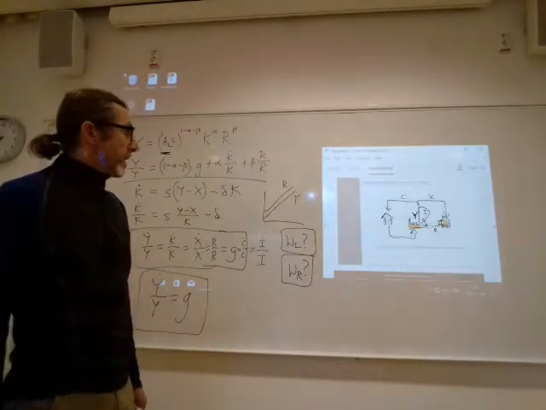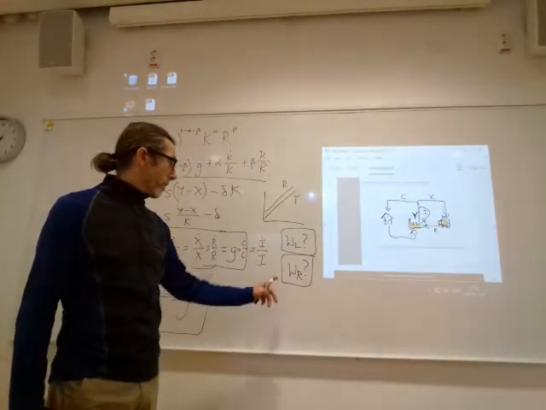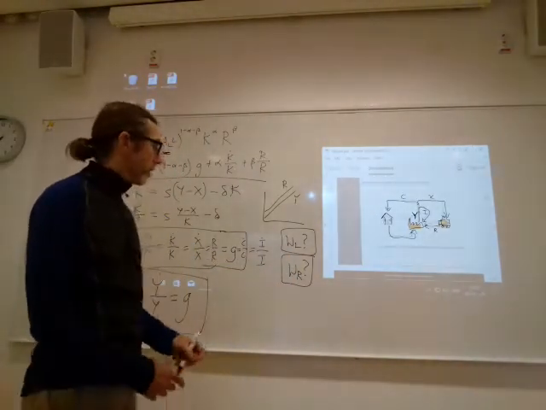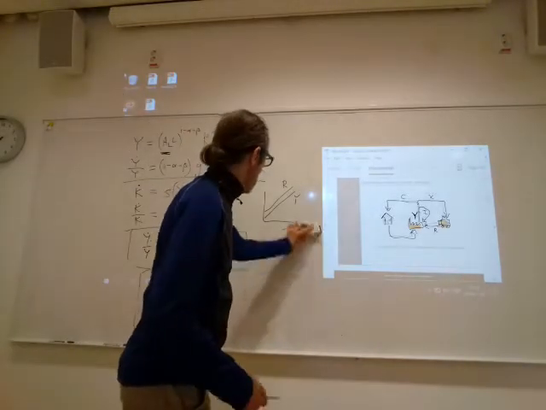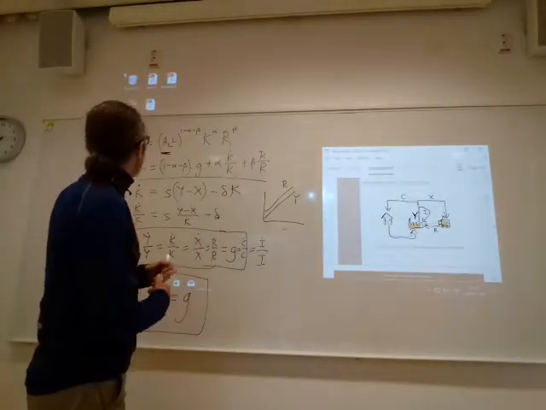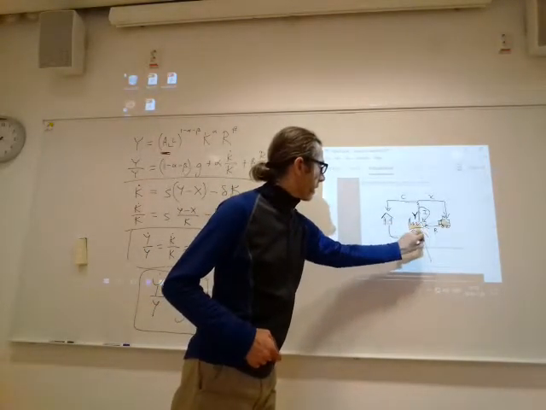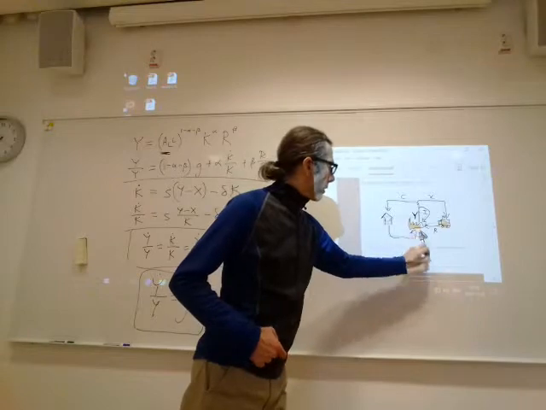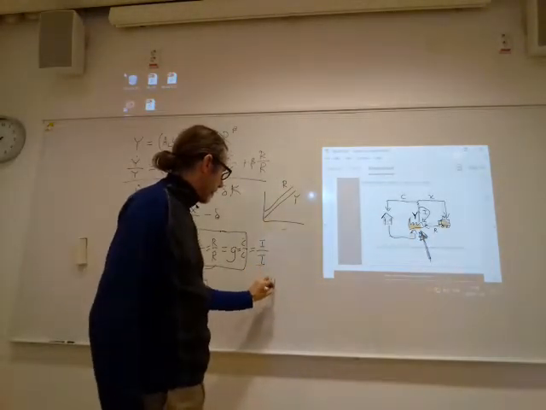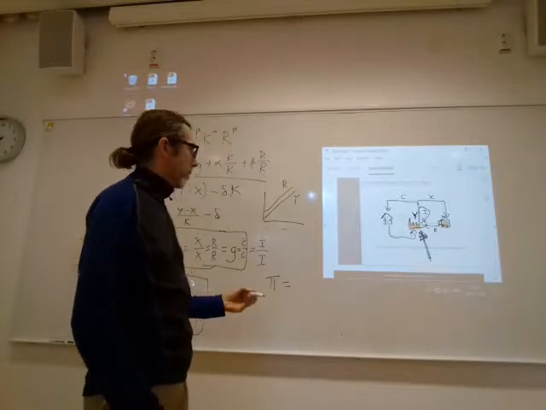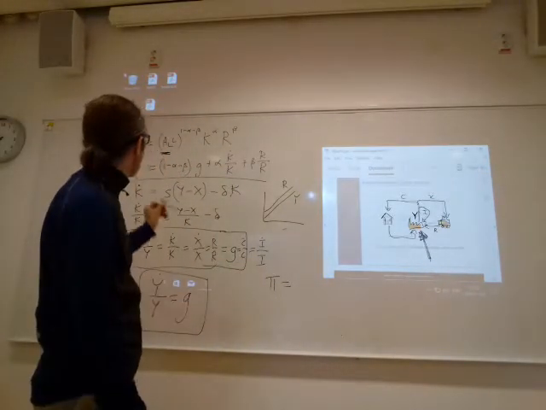We need to set up the profit maximization function if we're looking at input prices. So who's maximizing profits? We want to focus on this guy, yeah? The representative firm.